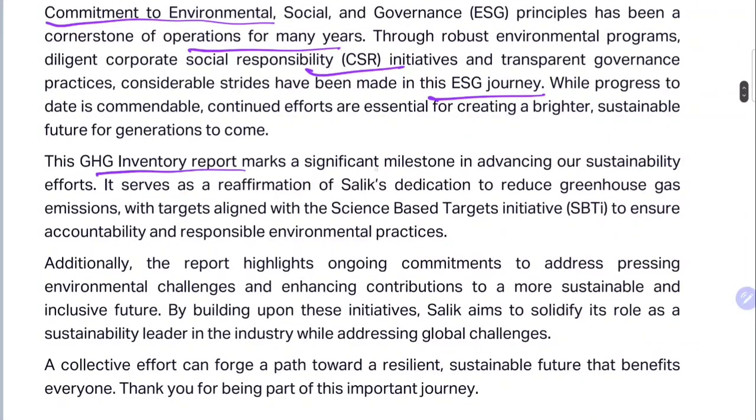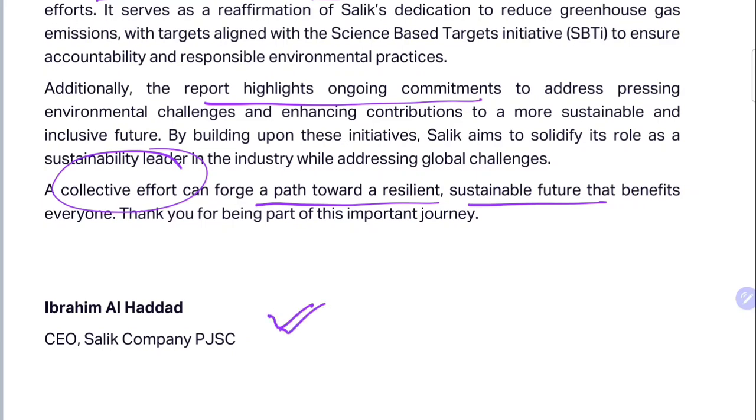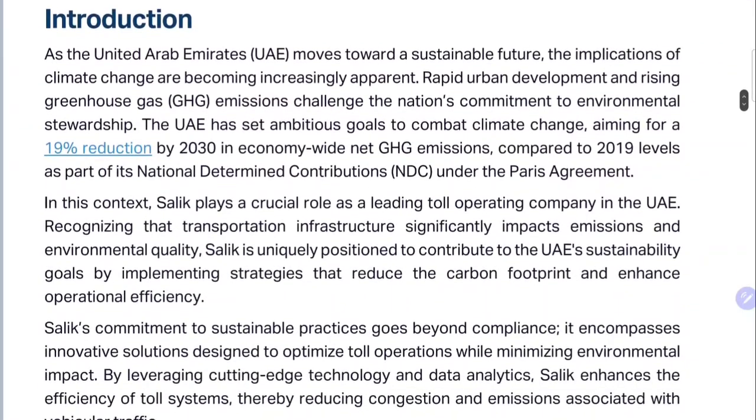The GHG inventory report marks a significant milestone in advancing the sustainability efforts. Also, this report highlights the ongoing commitment to address environmental challenges and contributions. So this is covered here in the leadership statement. Again, a collective effort can forge a path to a resilient and sustainable future. So it's basically the senior leadership commitment towards net zero and the GHG emission reduction program.